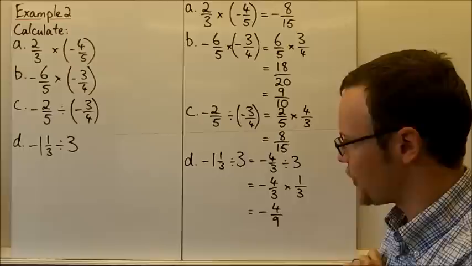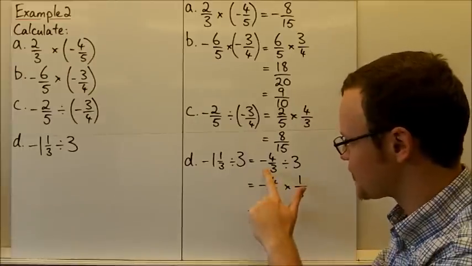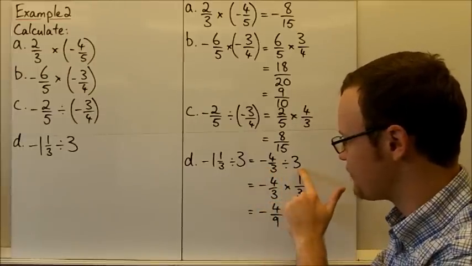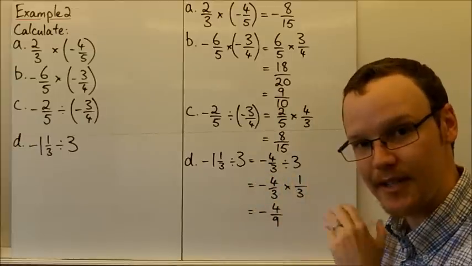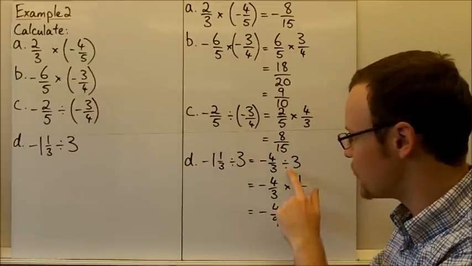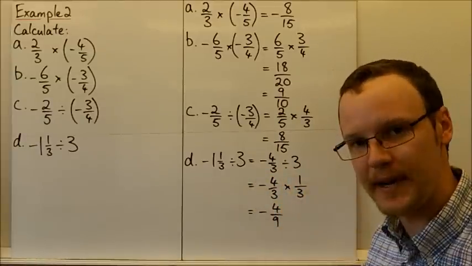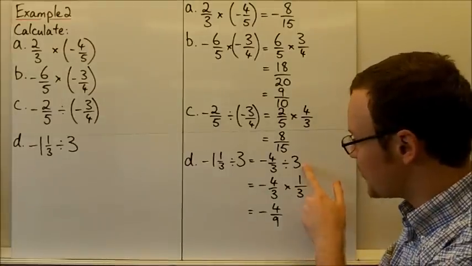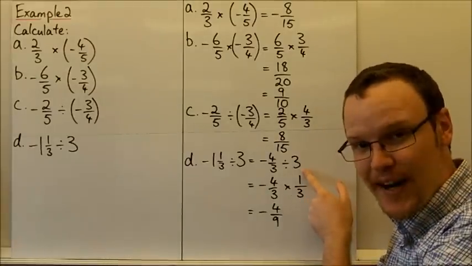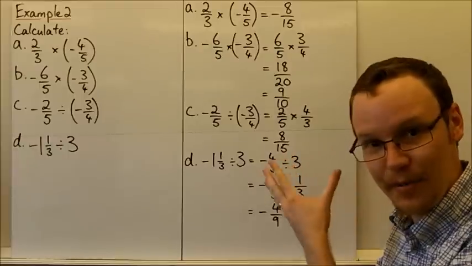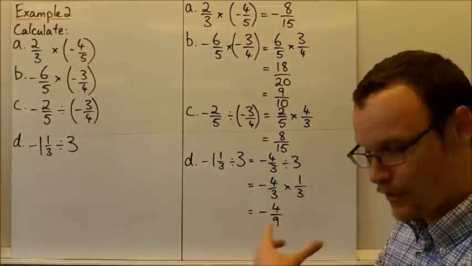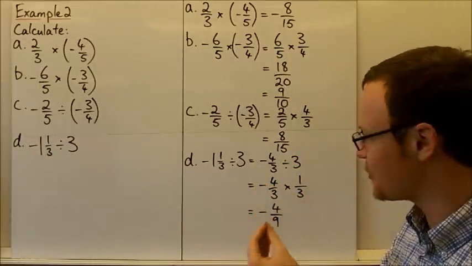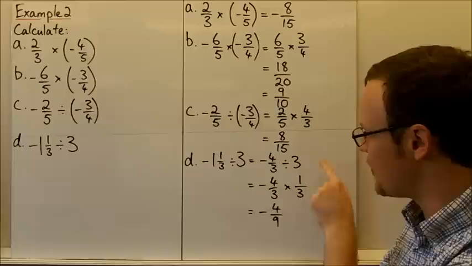So negative 1 1/3, we can turn that to an improper fraction. It's going to be negative 4/3 divided by 3. Now to calculate this, we need to find the reciprocal of 3. The reciprocal of 3 is going to be 1/3, because if 3 was a fraction, it would be 3 over 1, 3 whole amounts, W-H-O-L-E, whole amounts.